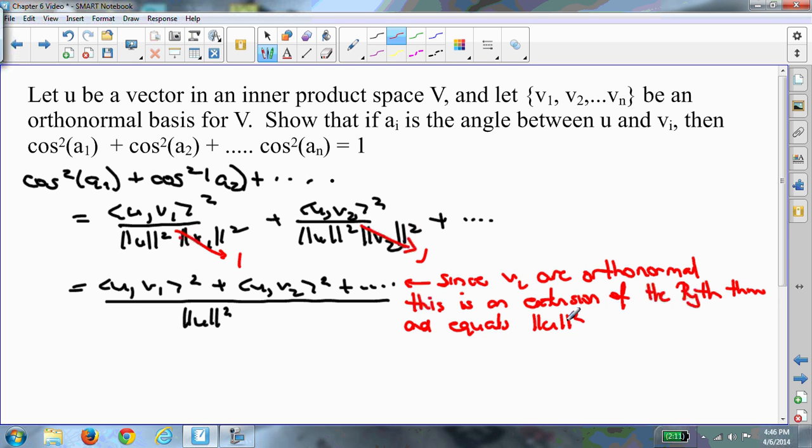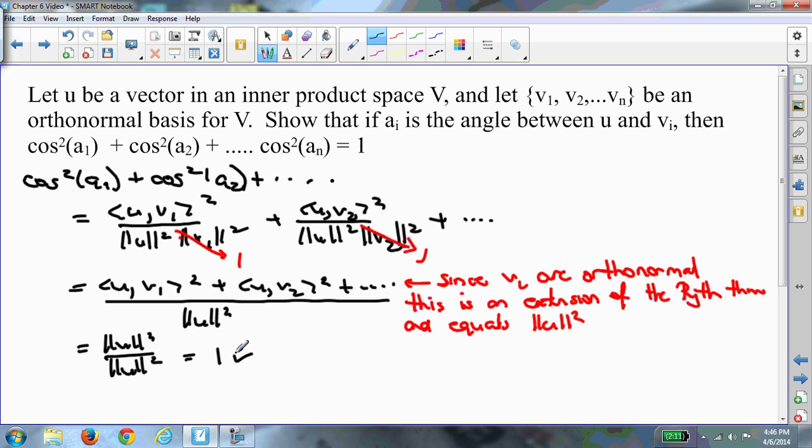So think of it as basically you're taking a magnitude because you're projecting onto the x-axis, let's say, squared plus the y-axis squared plus the z-axis squared. This was actually a homework problem showing that the top was equal to magnitude U squared. So we end up with magnitude U squared over magnitude U squared, and this equals 1.